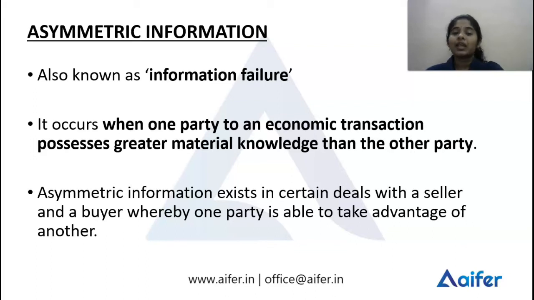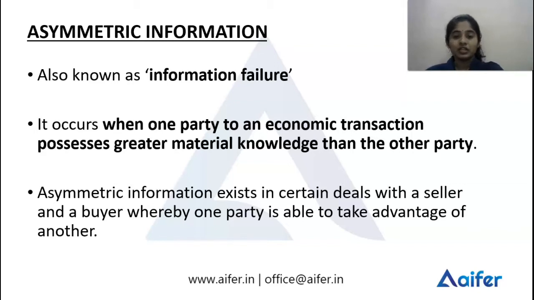Obviously there will be at least two participants, buyer and seller. So when the seller has more information than the buyer, that is a case of asymmetric information.